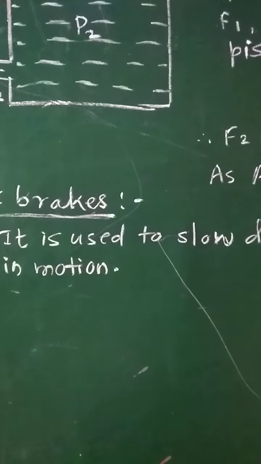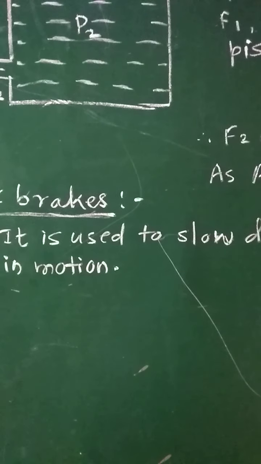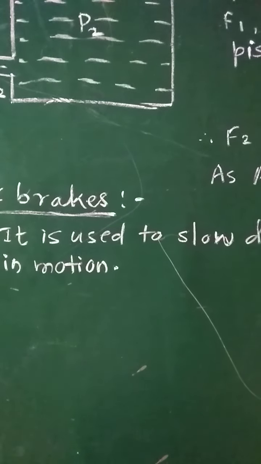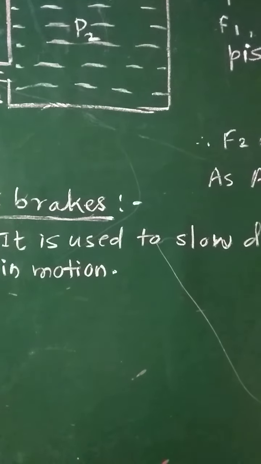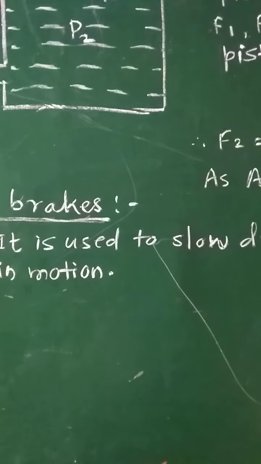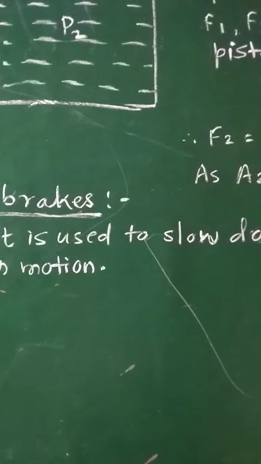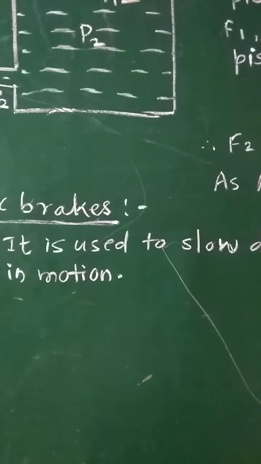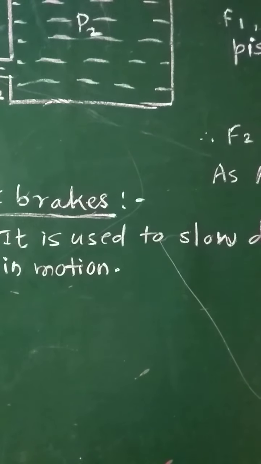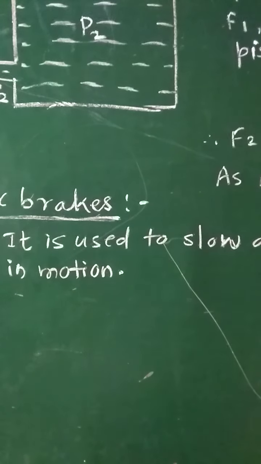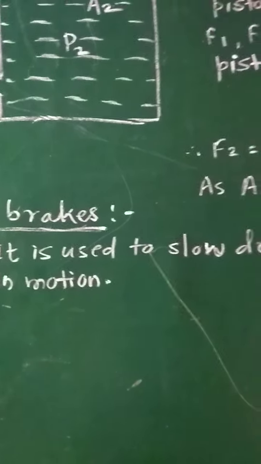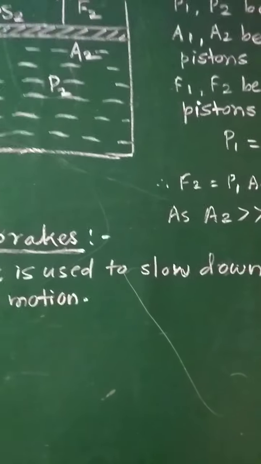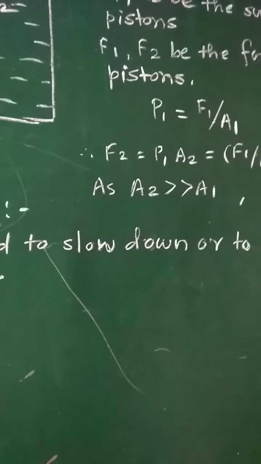The slave piston pushes the friction pads against the rotating disc which is connected to the wheel. This causes the moving vehicle to slow down or to stop. Now the same mathematical concept as that of the hydraulic lift will be used here.